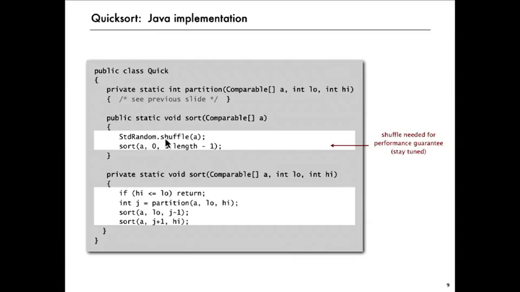And then it calls the recursive method that takes as arguments the limits of the subarray that's going to be sorted. So then partitioning simply does the partitioning, tells us which element is in position, and then recursively sorts the left part, that's low to j minus 1, and then the right part, that's j plus 1 to high. That's a complete implementation of Quicksort.